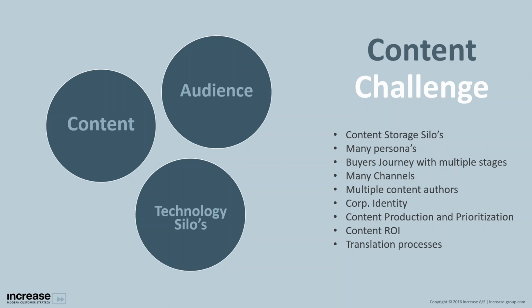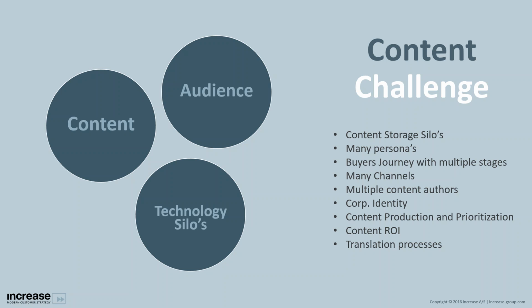So all of us, we have the content, we have the audience, and we have also different sources of technology. The problem with this is that often the technology is in silos. So we have different types of content.